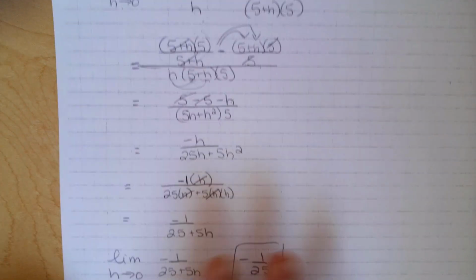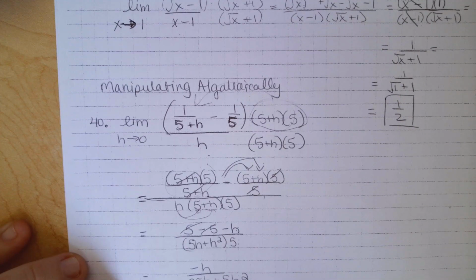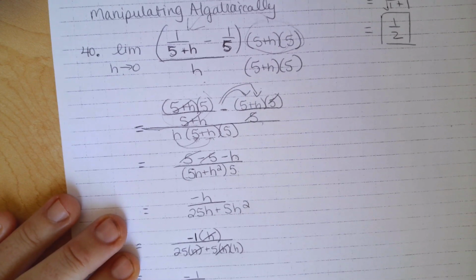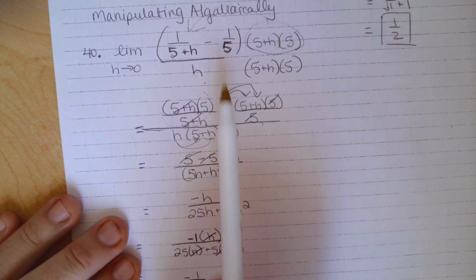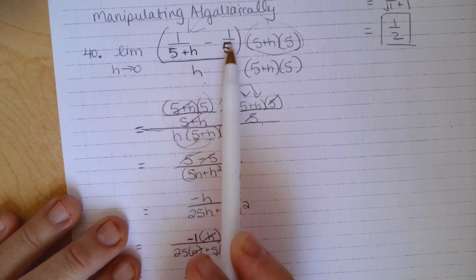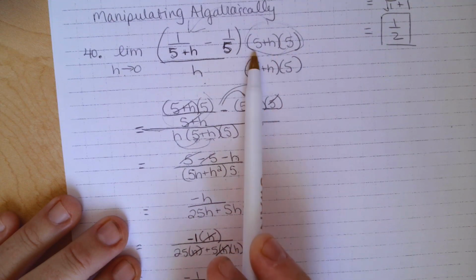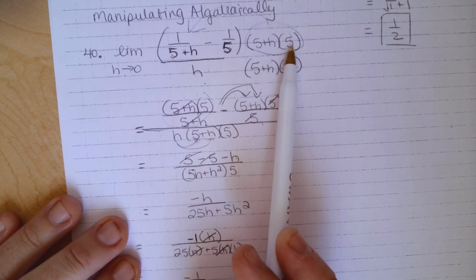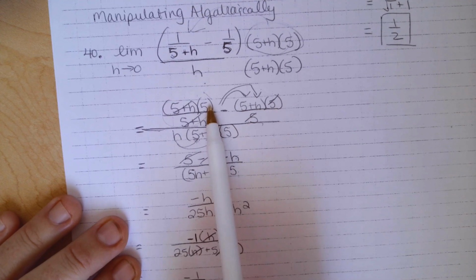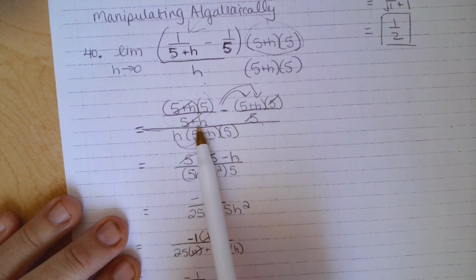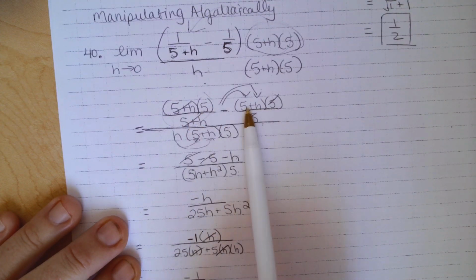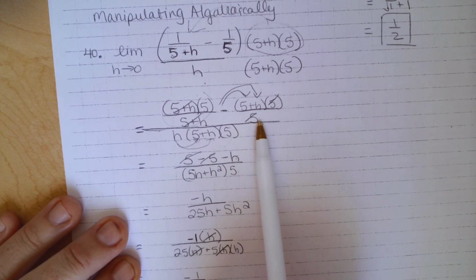Okay, and so this is just another example where we're trying to find the limit of a rational expression, and so we're manipulating it algebraically in order to find a solution. Here I was like, let's see what happens if I get rid of these fractions. So I multiplied by 5 plus h times 5. When I did that, I got 5 plus h times 5 over 5 plus h minus 5 plus h times 5 over 5.